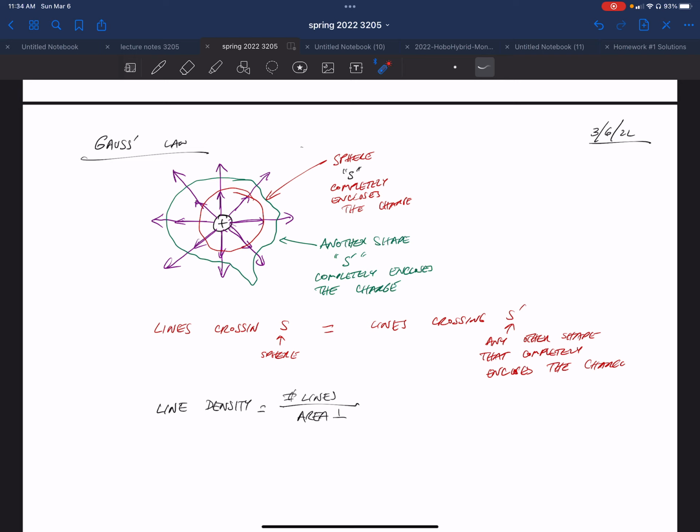So number of lines. Let's say I look at just this region here, if this is my area, the line density is, there are 2 lines going through this particular area.